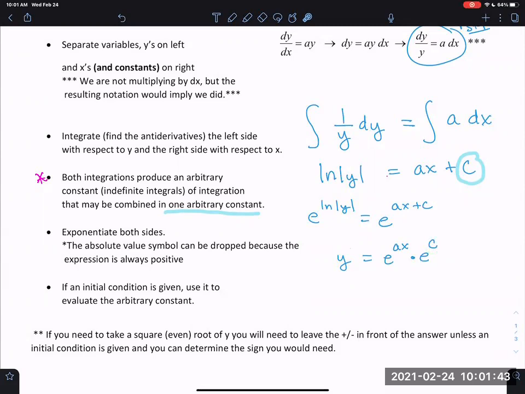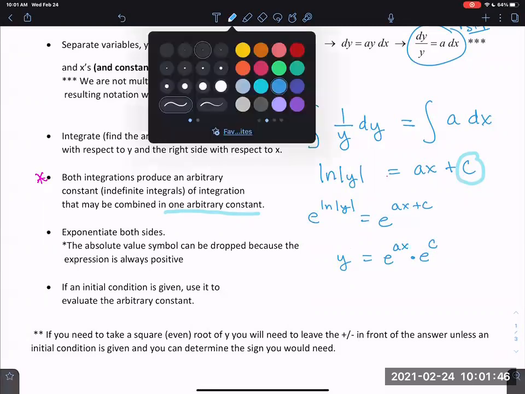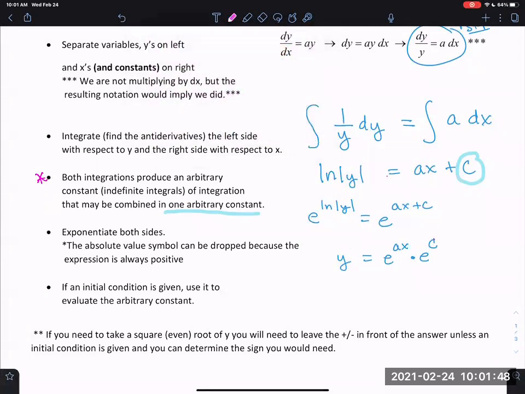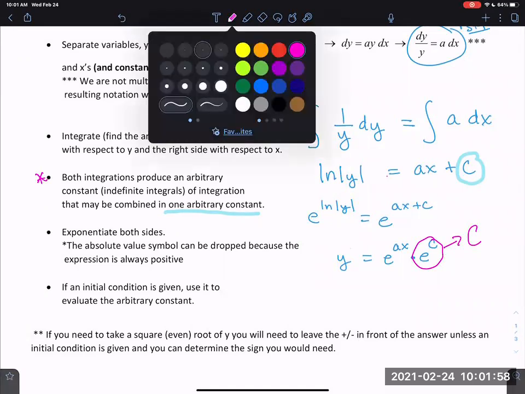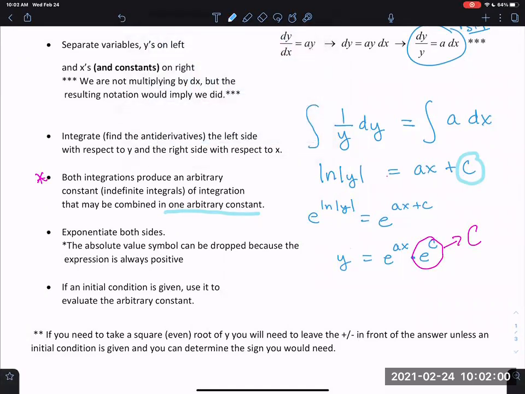We don't know it. So what we're going to do is make this into one arbitrary constant called capital C. Okay, so y is equal to, and it comes out front, right? It's going to be multiplied in front, C e to the ax.